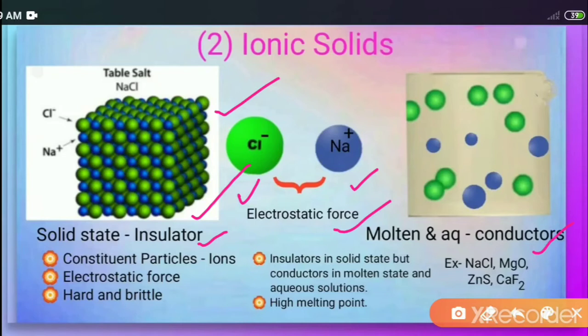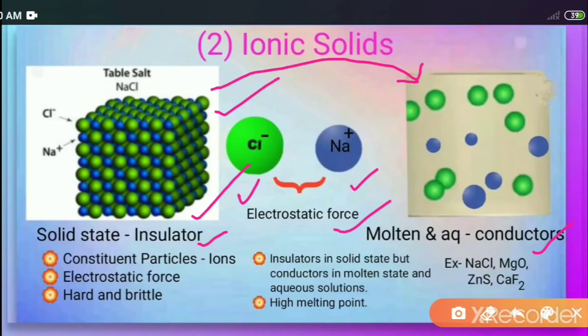Why? Because in the solid state they are arranged in the three-dimensional structure which is shown here, but in the aqueous condition they get ionized, and the ions are now free. So in the molten state or in the dissolved state, the ions are free to move about, and therefore they conduct electricity.